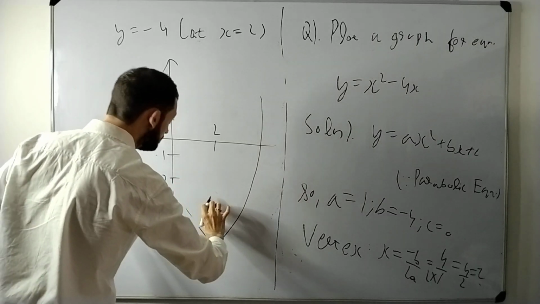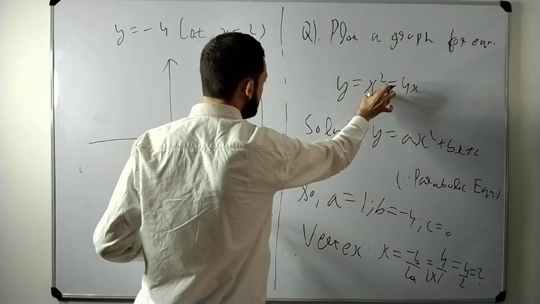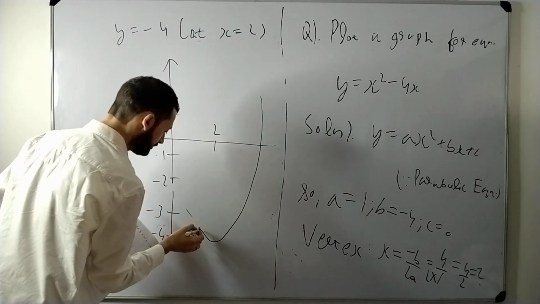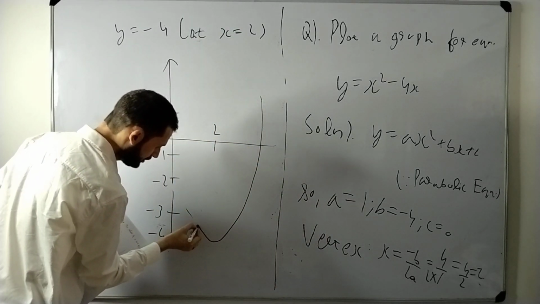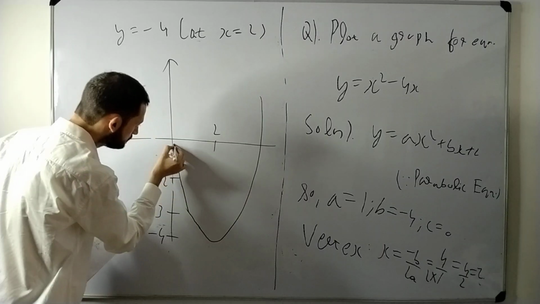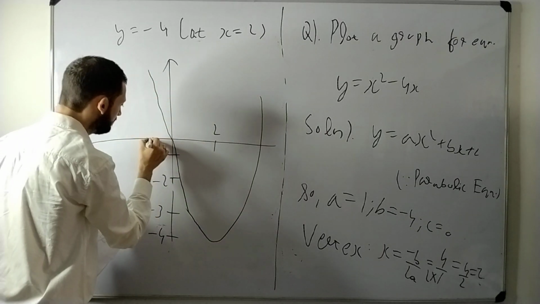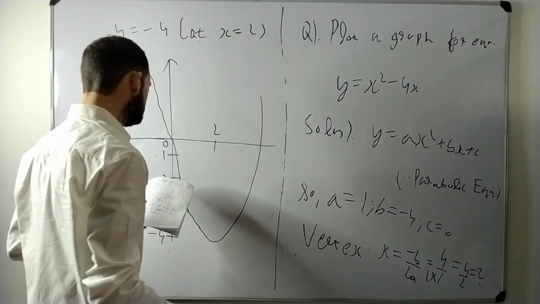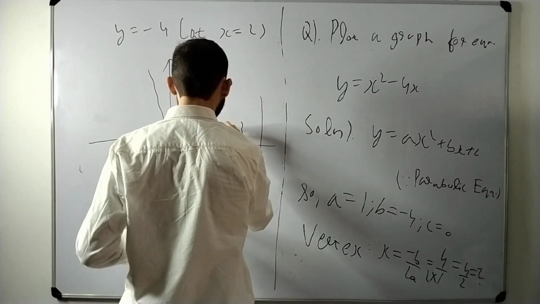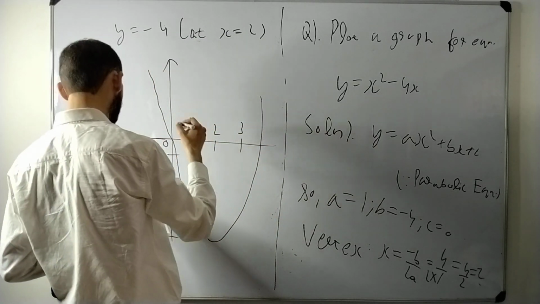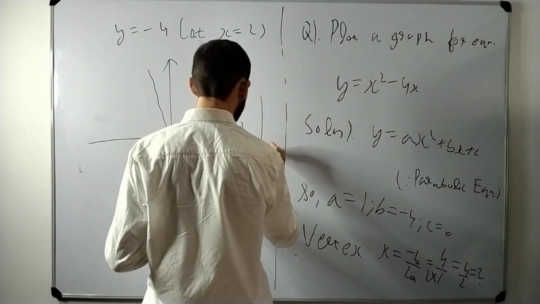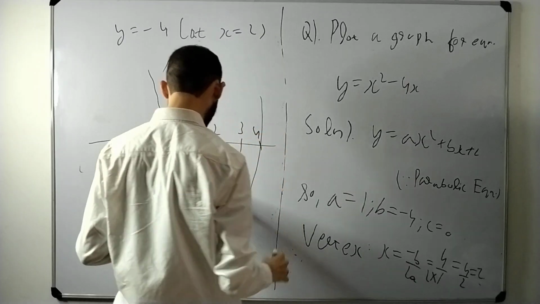At x equal to 0, y happens to be 0, so it should pass through the origin. Yes, what you are saying is right. This happens to be 1, this happens to be 3, and this happens to be 4, students.